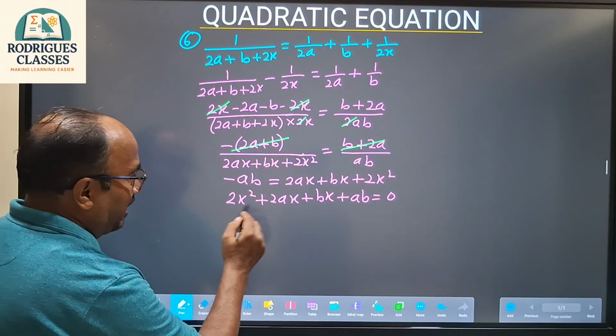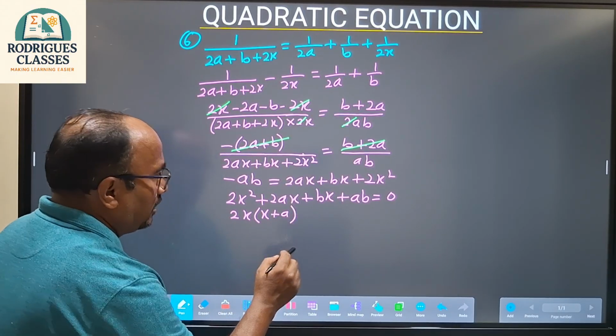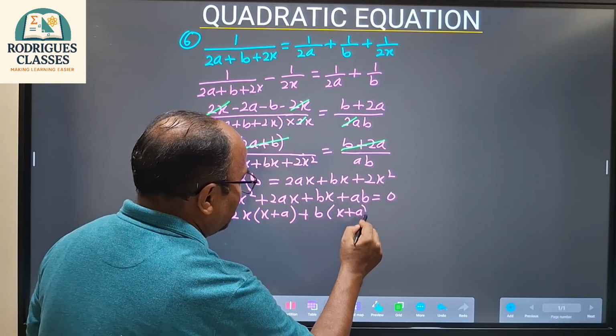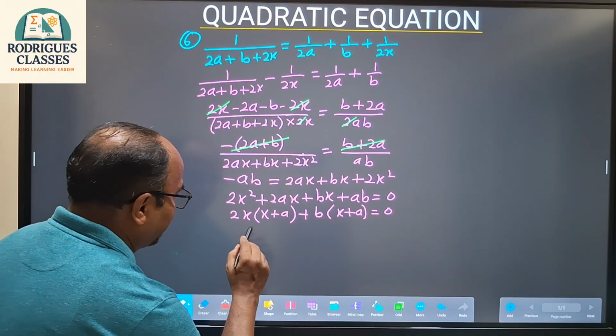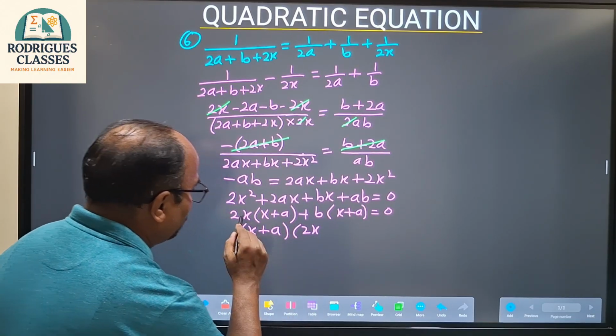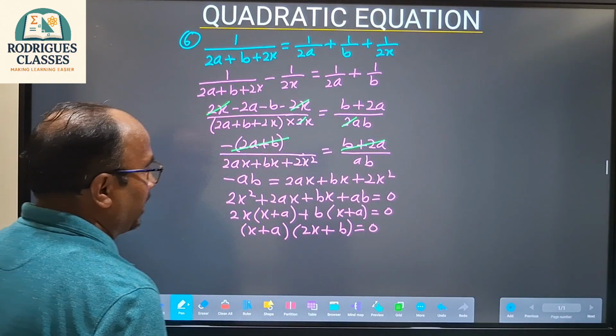We have 2x common here. So x plus a. And here we have b coming common, so x plus a. You can see both the bracket has the same term. It means we have factorized correctly. So x plus a taken common and 2x left from here and b left from here. We have got it factorized.